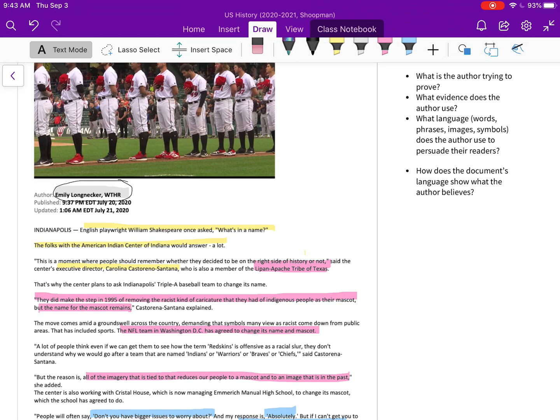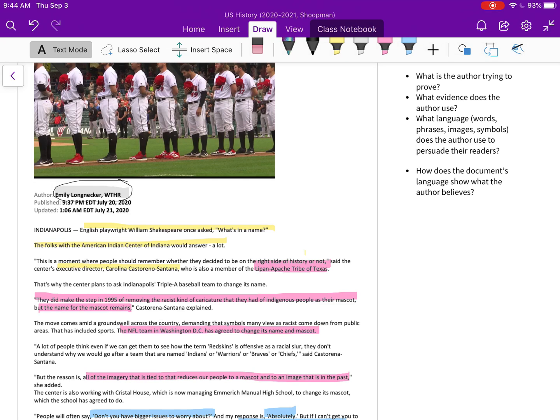And then I also highlighted the part of the sentence down below that says all of the imagery that is tied to that, so meaning the mascot, that reduces Native American people to an image from the past. Like it really takes away that human part of who Native Americans are as individuals. And Carolina says that that is super hurtful and not acceptable.